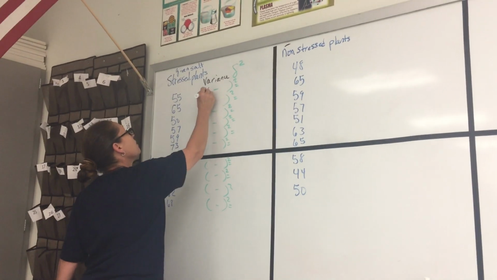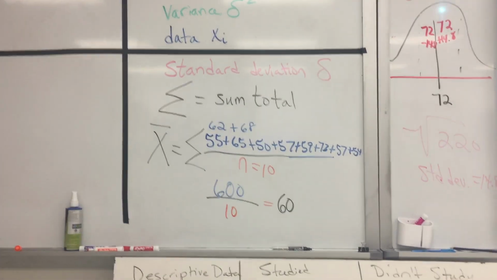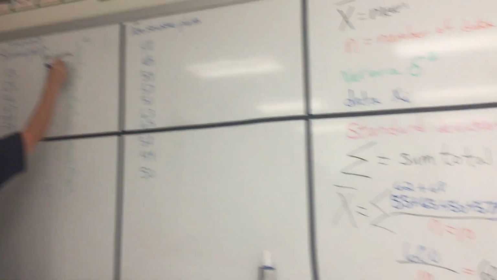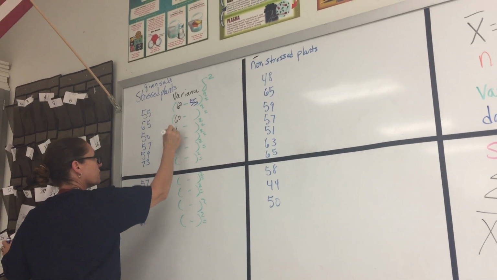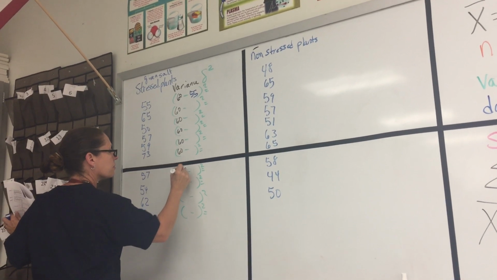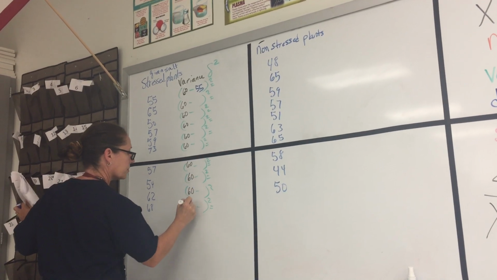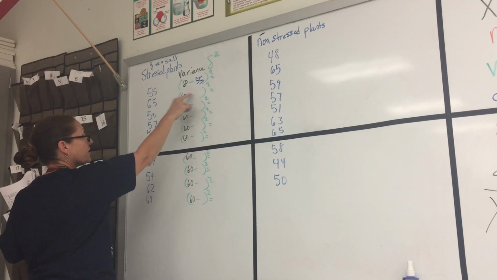Our mean average for this was 60. So we're going to go 60 minus our first piece of data, which was 55. Then we're going to go 60 for each one of these. And then we're going to subtract each piece of data.